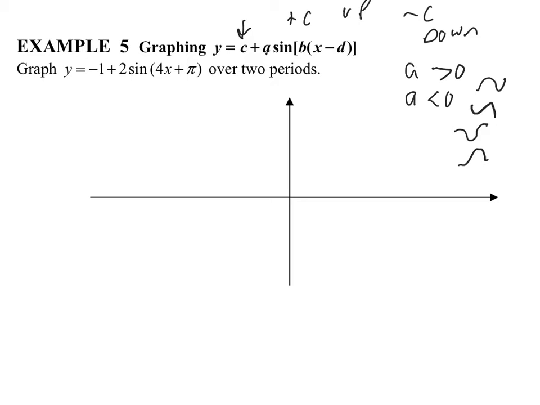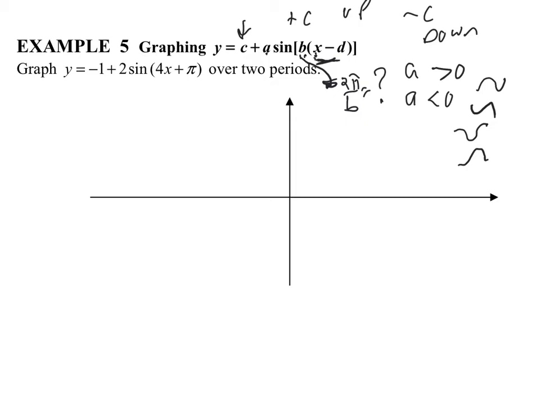And then inside you have, he's calling it the B that we factored out of a set of parentheses here that has an X in the front, no number in front of the X. That just tells you that 2 pi divided by that B will tell you how long it takes for a cycle to be done.